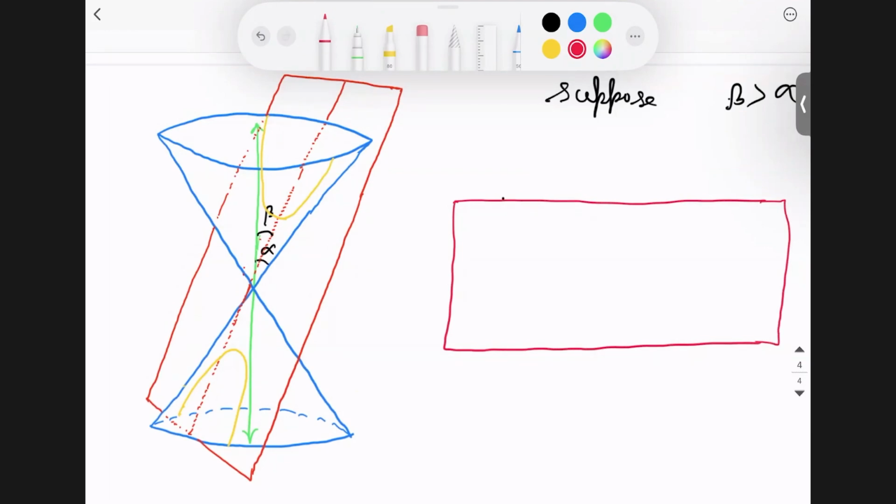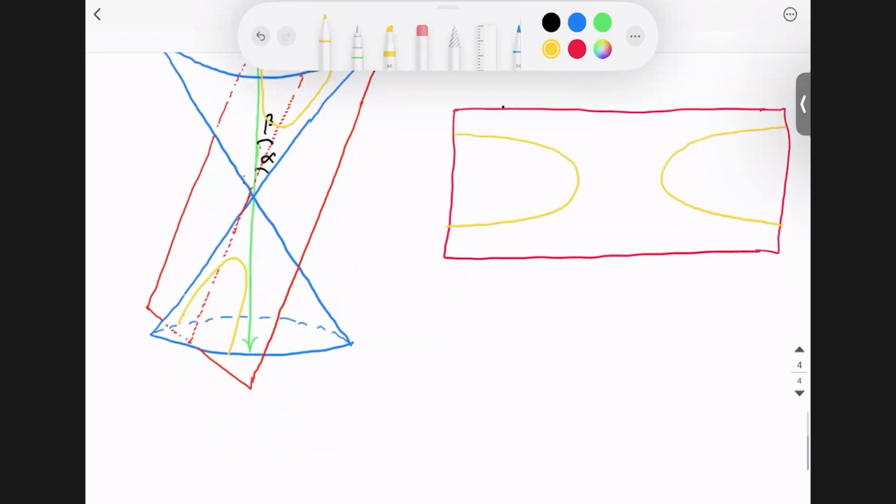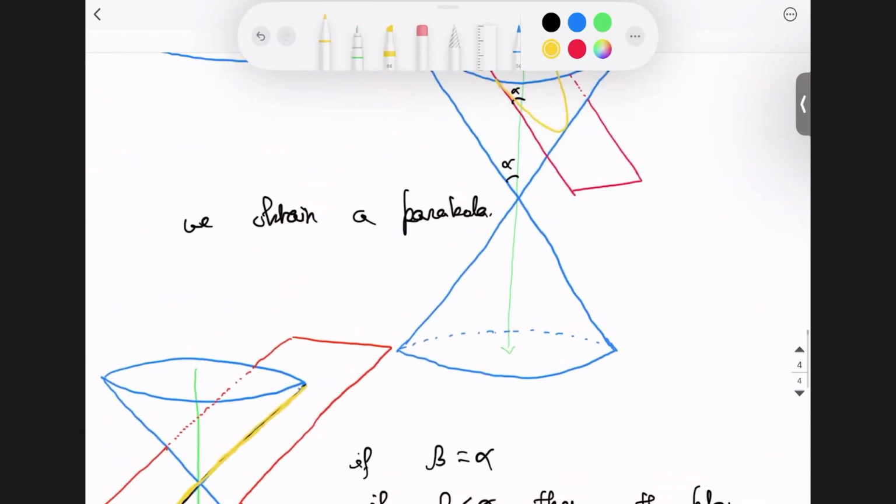It will kind of look like this, and this is known as a hyperbola.